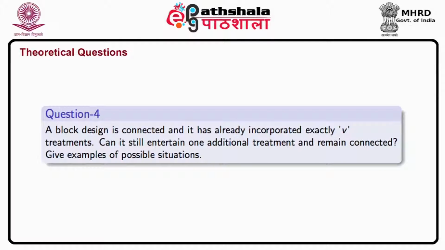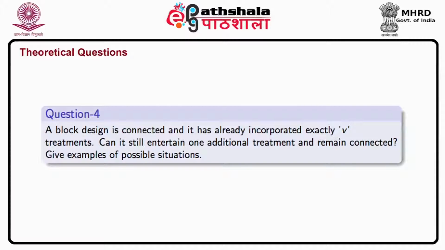Next one is, a block design is connected and it has already incorporated exactly V treatments. Good problem. So you know the block sizes, you know the design, and you can verify that it is connected and it has incorporated V treatments. Can it still entertain one additional treatment and remain connected? So from V I want to extend to V plus 1.